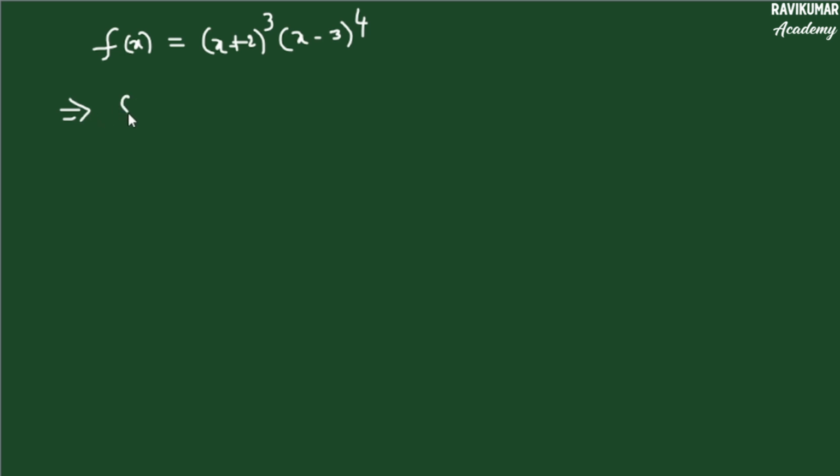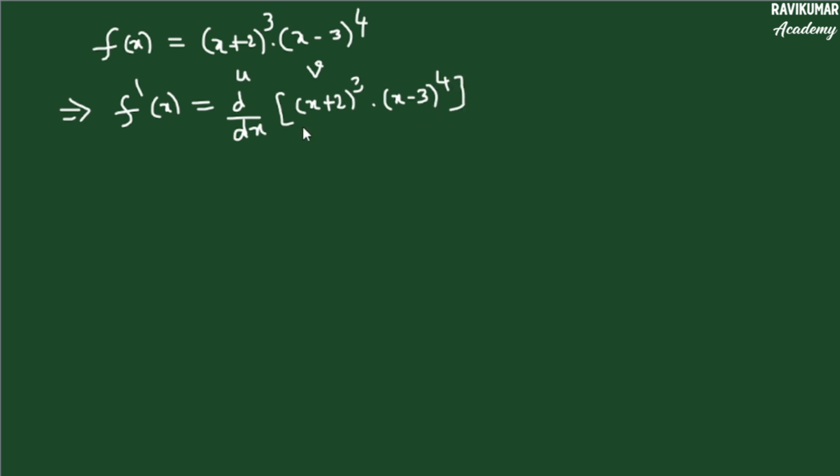From this, we need to find out f dash x, the derivative of f. It is like the derivative of u into v. So it is the derivative of (x plus 2) whole cube multiplied by (x minus 3) whole power 4. So this is u, this is v. Then u v dash plus v u dash.